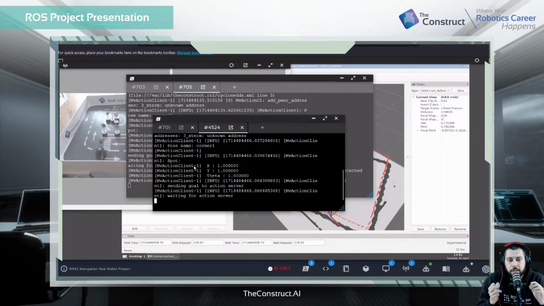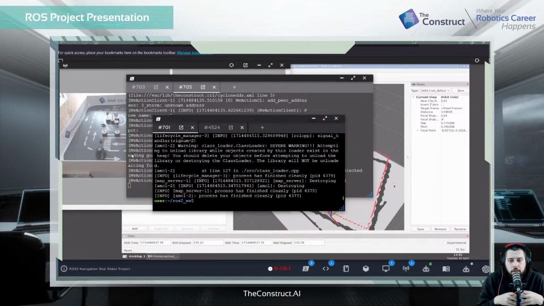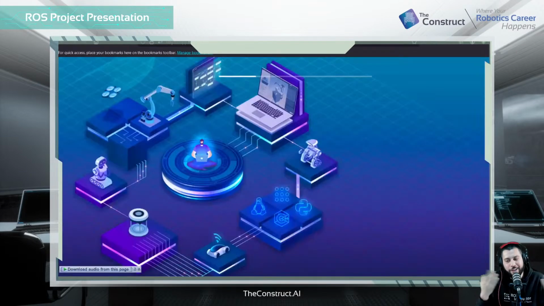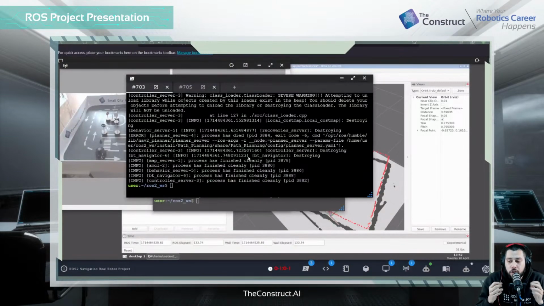You launched AMCL, you didn't launch Nav2 yet. You can kill AMCL now since it's already localized, but this will cause it to be unlocalized again. So if you just launch the path planning launch file that has the map server, AMCL, everything.